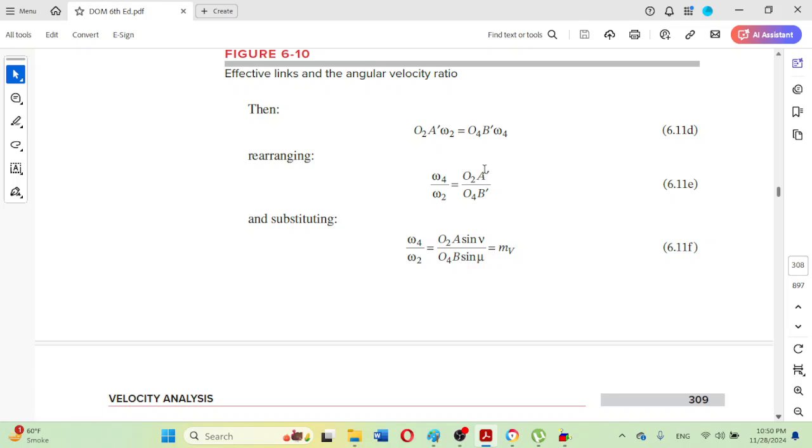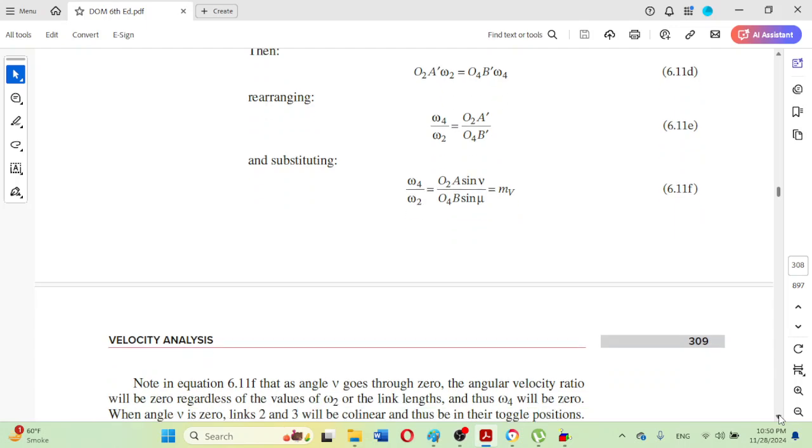So here again it says that if we substitute O2A dash and O4B dash, the lengths of the effective links, in terms of the physical links, then it is quite simple.